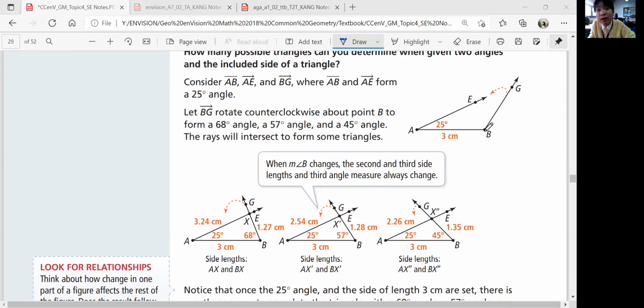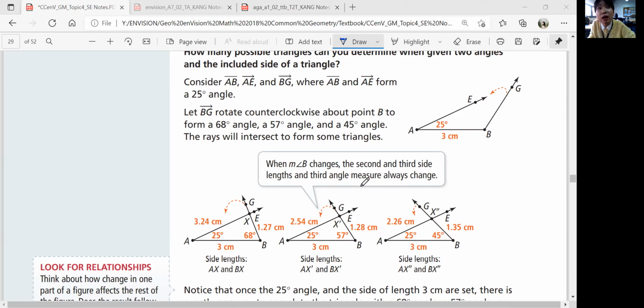We have AB that's 3 centimeters and BAE is 25 degrees. If we know the other angle must be 57 degrees, then there is no other way than to have the middle triangle, because if we have different angles, the sides are not going to match up, right?